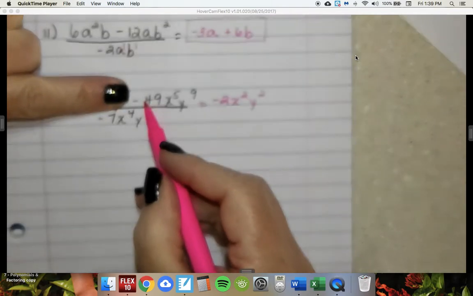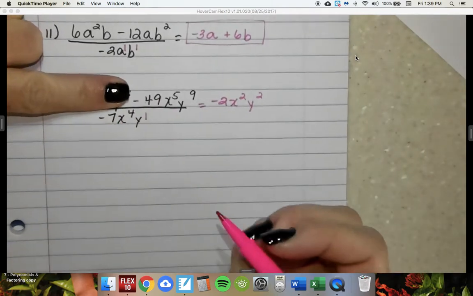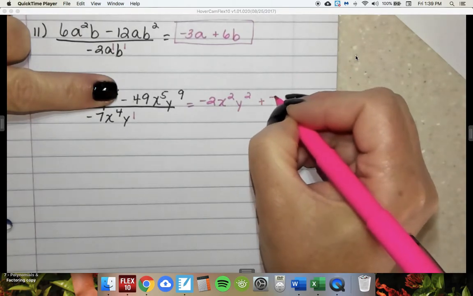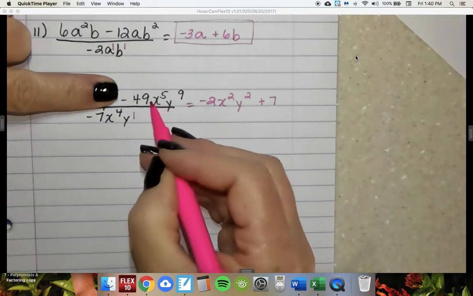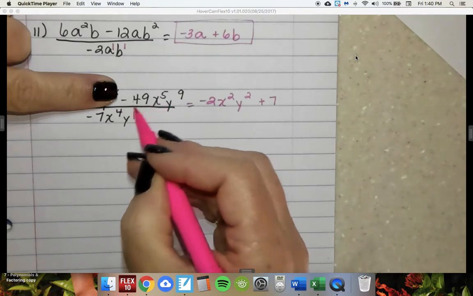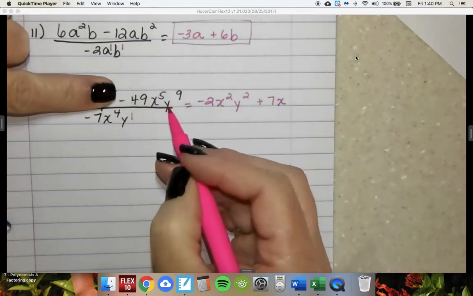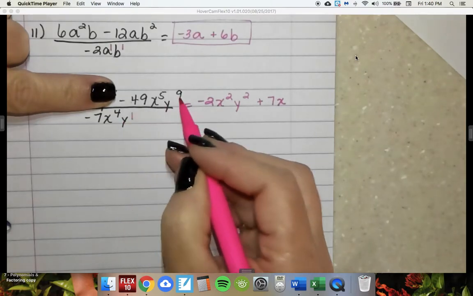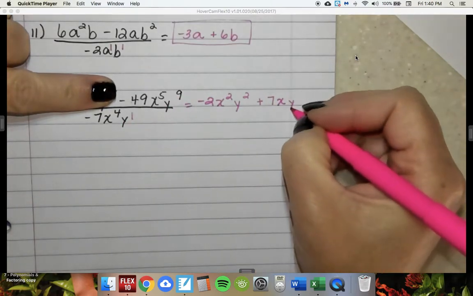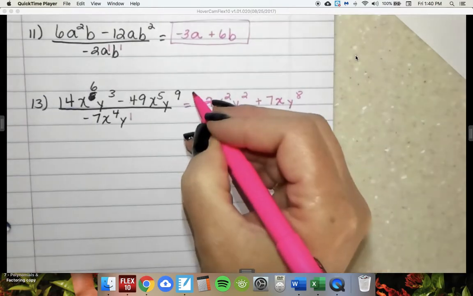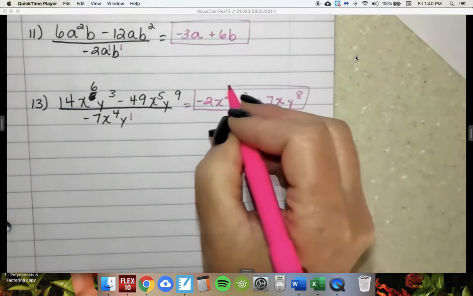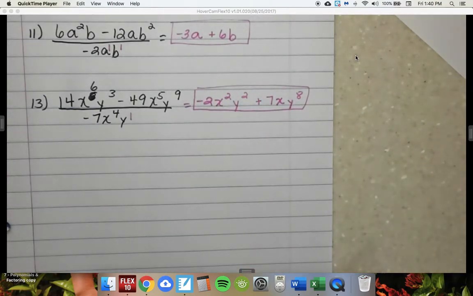You now have a negative 49 divided by negative 7. That makes positive 7. X5, x4, 5 minus 4 is 1, so you have x, or x1. Y9, y1, 9 minus 1 is 8, y8. There it is. You just divided a polynomial by a monomial.